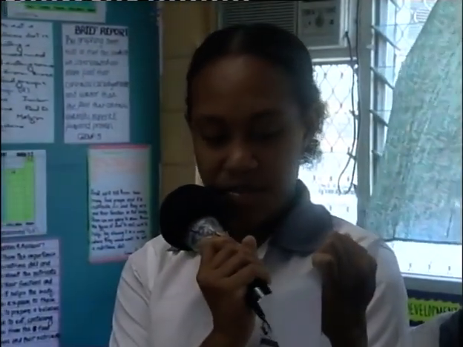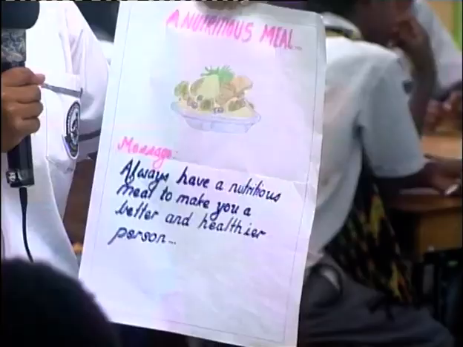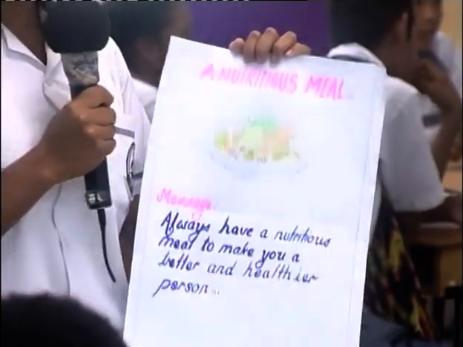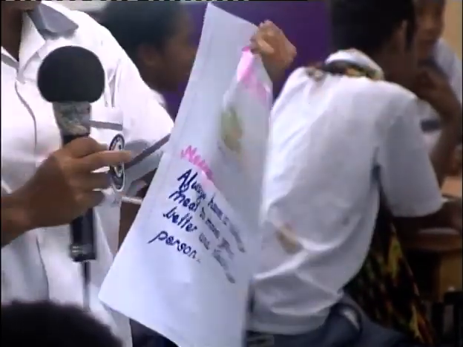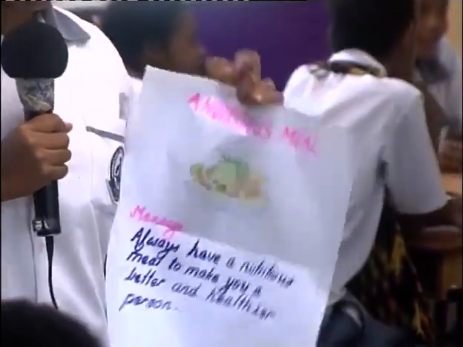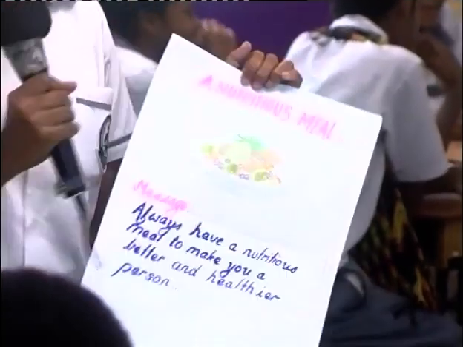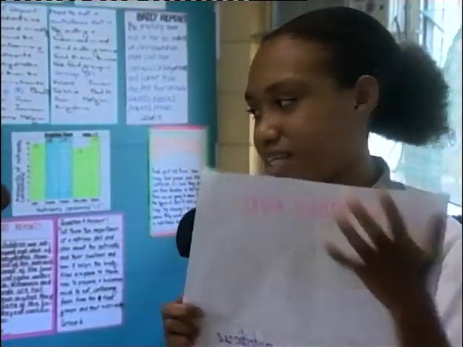Okay, since I have the nutritious meal poster here, these are the foods from the 5 food groups: staple, high energy, protein, and vegetables and fruits. If you want to answer questions, raise your hands or ask questions. Use the mic to answer questions.